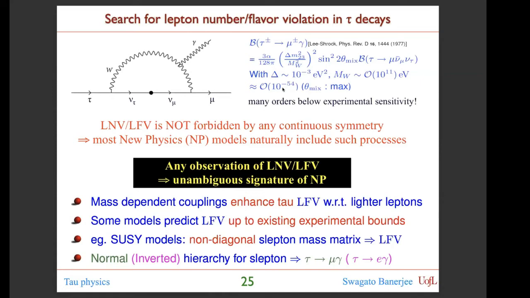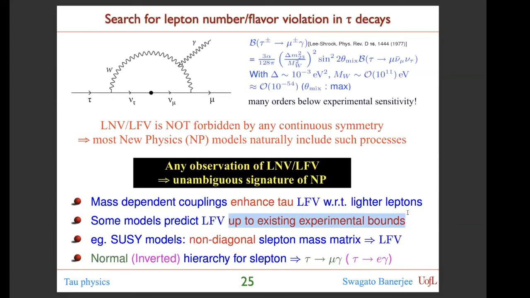Thus, if we do find any hint of lepton flavor violation, we can conclude it is an unambiguous signature of new physics. And of course, mass-dependent couplings are expected to enhance these kinds of predictions, which in different models have different values, almost close to the experimental bounds.